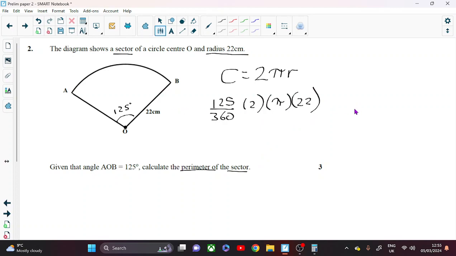We'll let the calculator do all the work, but that will only give us the outside edge, so that'll give us that bit. We're working out the perimeter, so we will also need to add the 22 for this radius and the 22 for this radius.